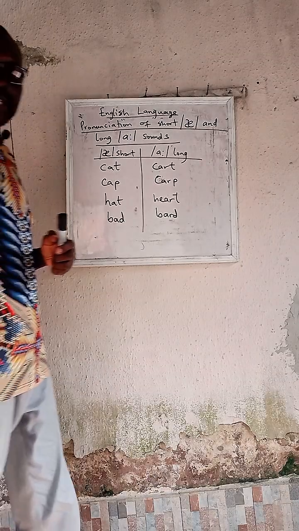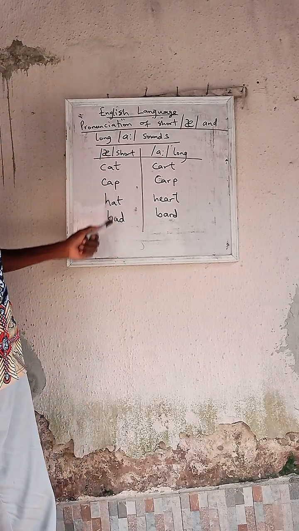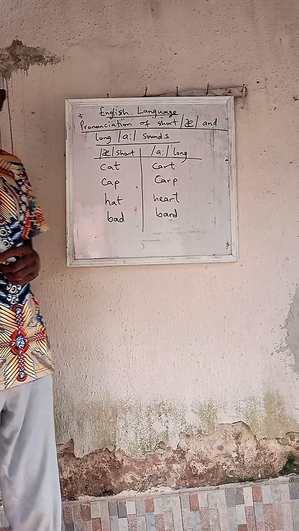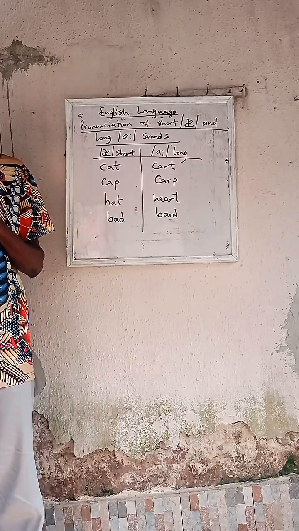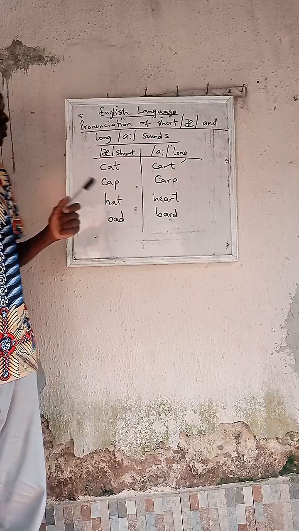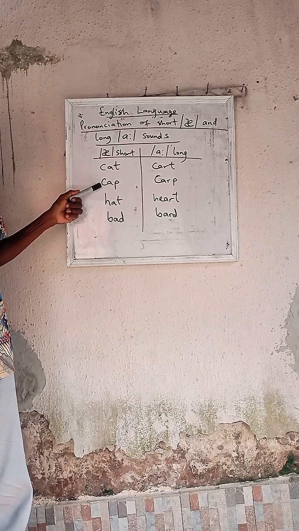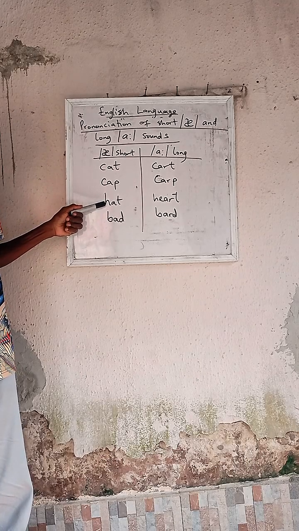Okay, now let's look at this minimal pair. Let's first read the short R sound. Say the sound again. Ha, as in cat. Again, cat. Cap. Again, cap. Hat.